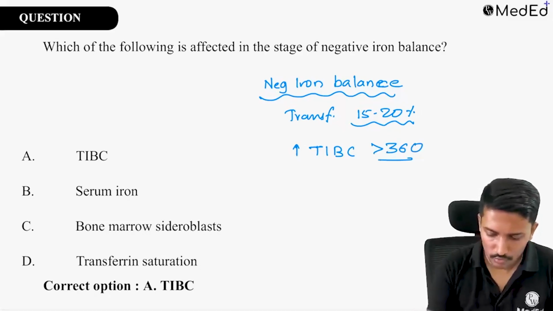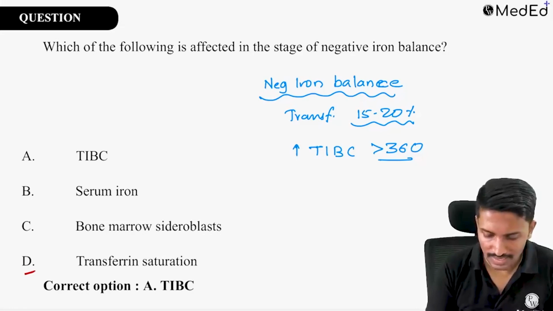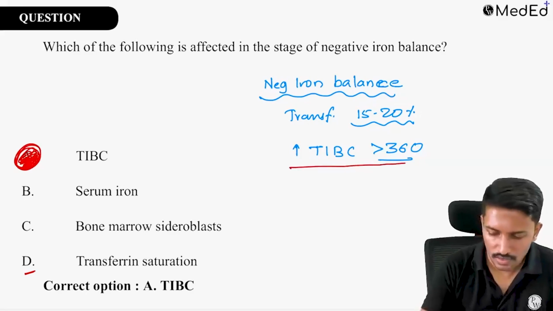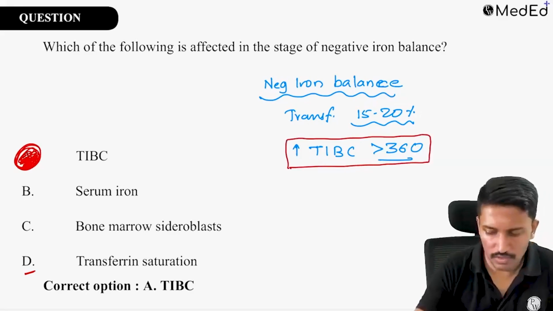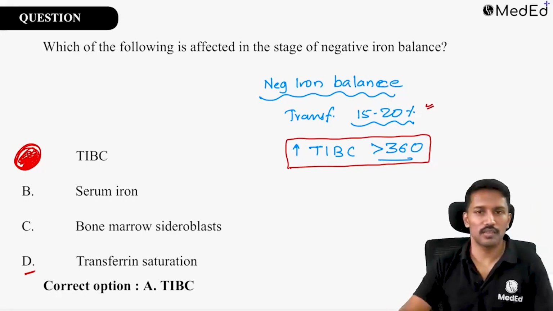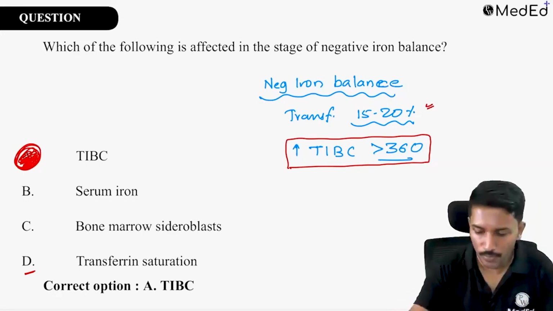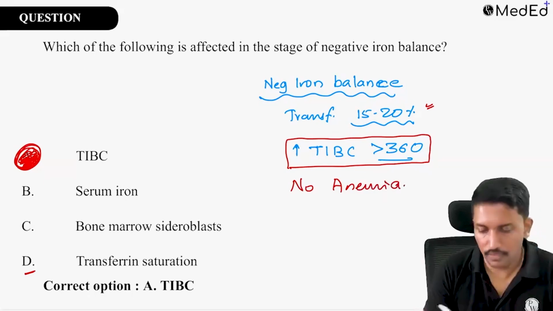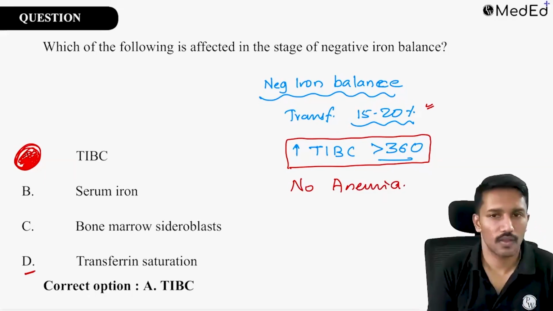And that is why if I have to choose between transferrin saturation and total iron binding capacity, I would choose the total iron binding capacity. So TIBC is increased, with very modest or minimal decrease in transferrin saturation and no anemia. This is the typical negative iron balance stage. Okay.